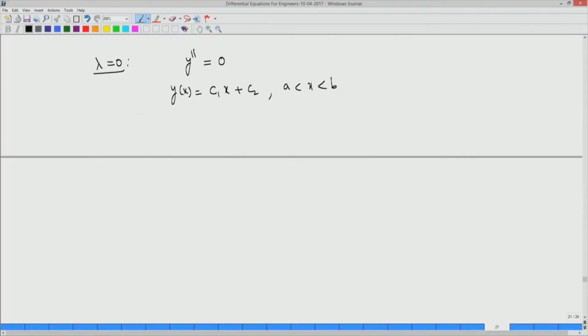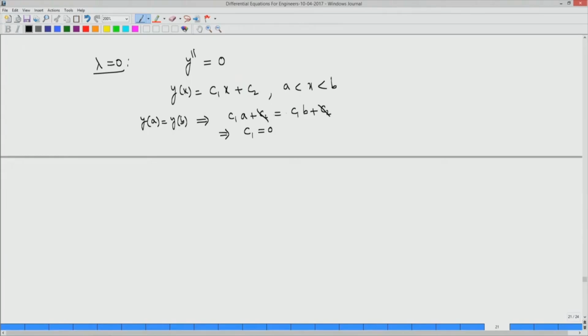Now you apply boundary condition 1, that is y at a equal to y at b. This gives me c1 a plus c2 equal to c1 b plus c2. The c2 cancels, so this will give me c1 has to be 0 because a and b are different.